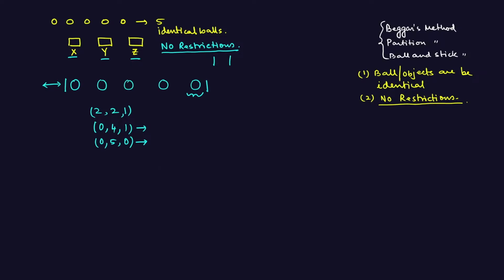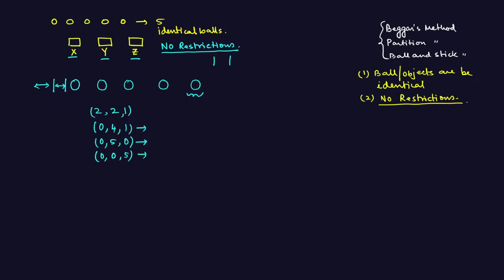At the same time, you can do one thing also. You can remove this separator from here and you can place it here. Then what happens? Simple. Here there are no balls, therefore X will receive 0 balls. There is again no balls between these 2 separators, therefore your Y is going to receive 0 balls. But your Z in that case will receive 5 balls.